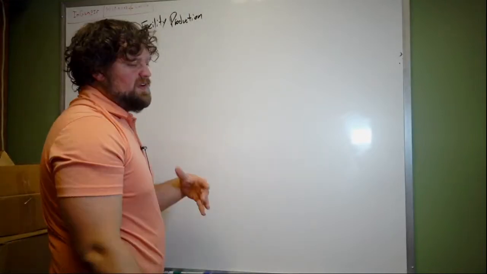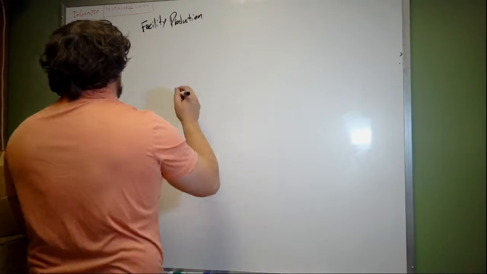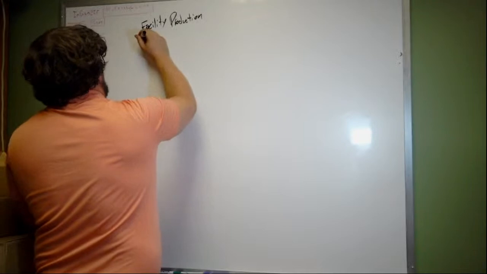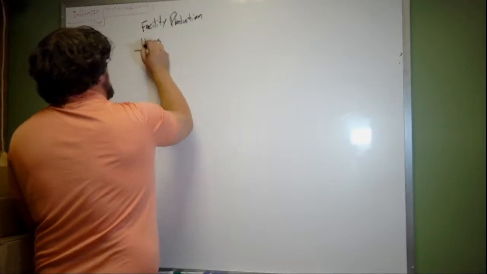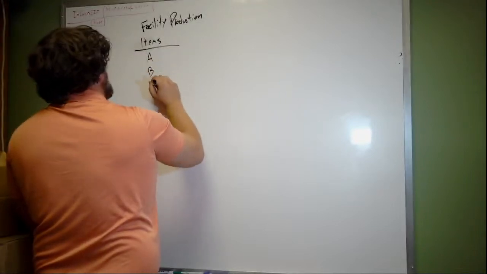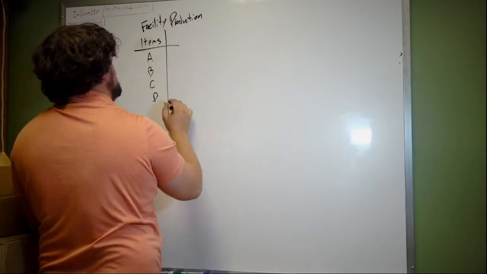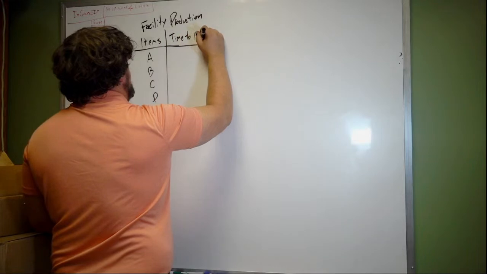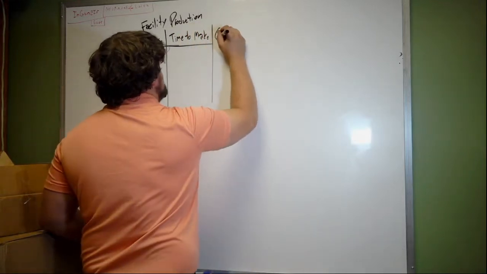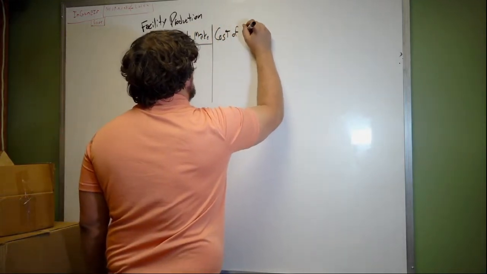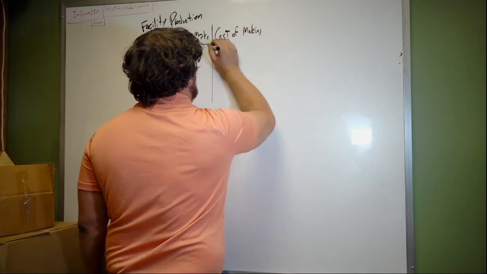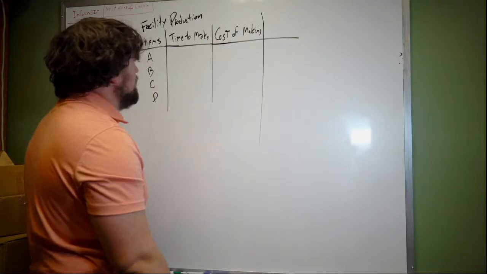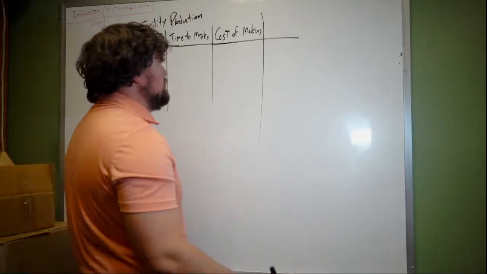Okay, so factory production, and you have certain items that you produce, A, B, C, and D. Okay, time to make, cost of making, and we'll have one more column, just the total weight.